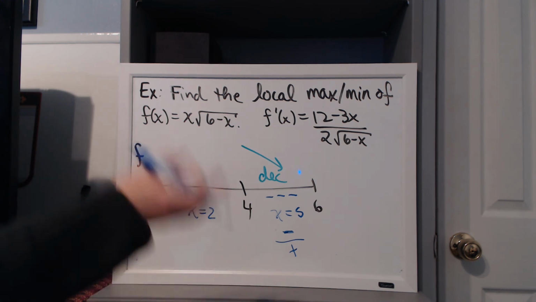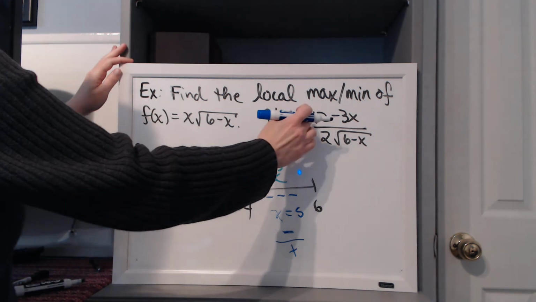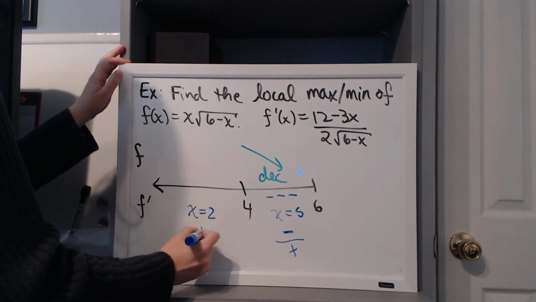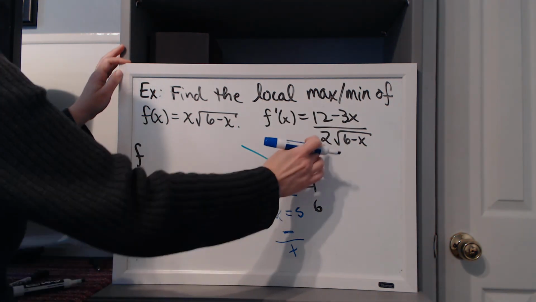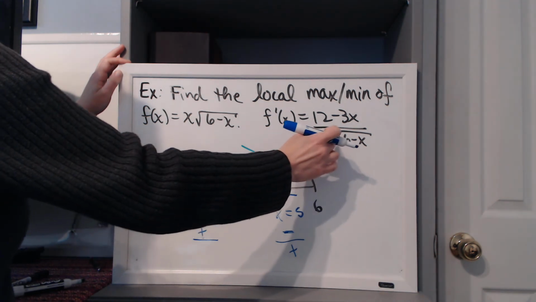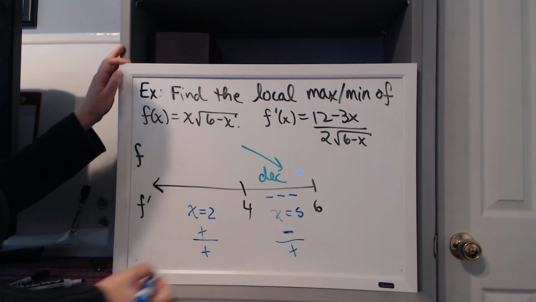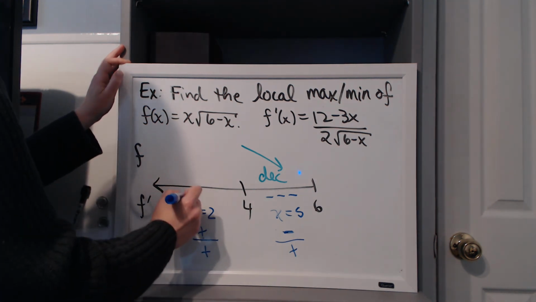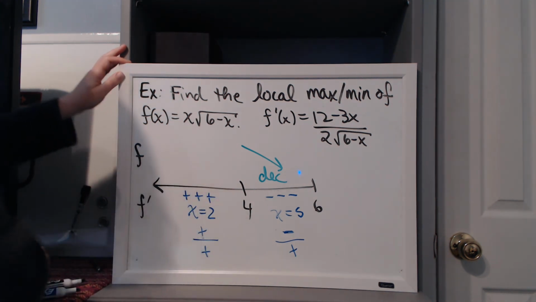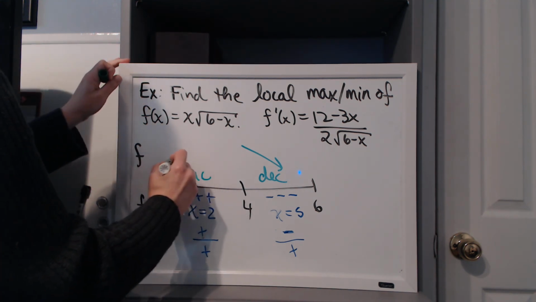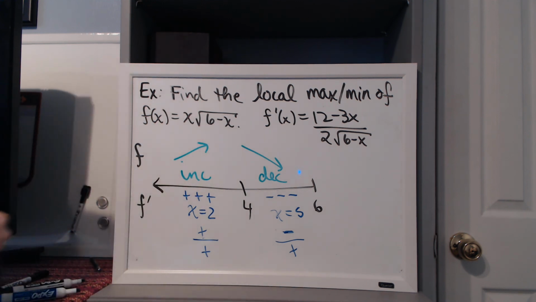But what we really care about is positive or negative. When we plug into the numerator, we get 12 minus 6, which is 6, so that's positive. And then in the denominator, we have positive 2 times the square root of 4, so that's also positive. So we get positive over positive, which overall is positive, which means that the function is increasing in this segment because the derivative is positive.